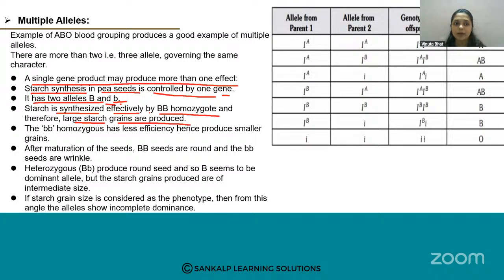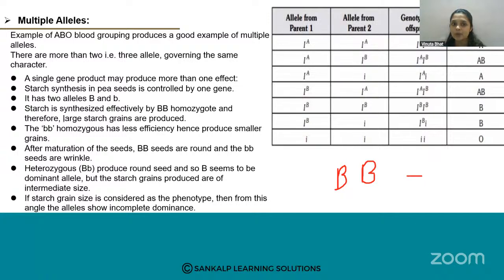So in the pea plant, if capital B is there, large grains are produced because of starch synthesis. The small b homozygote has less efficiency, hence produces smaller grains.